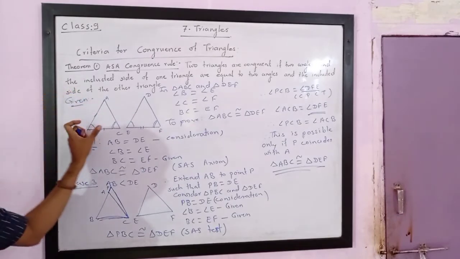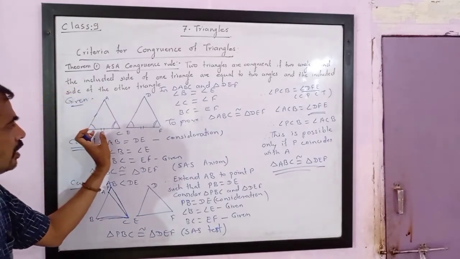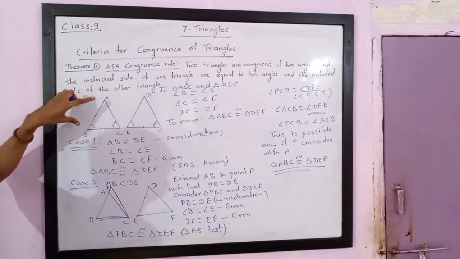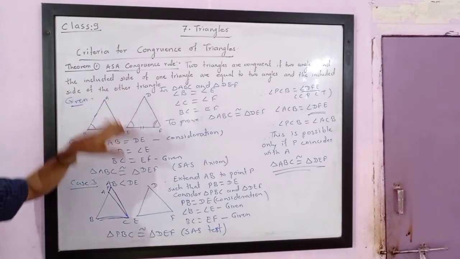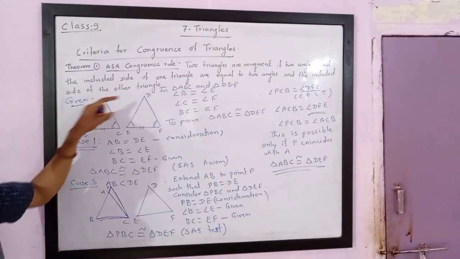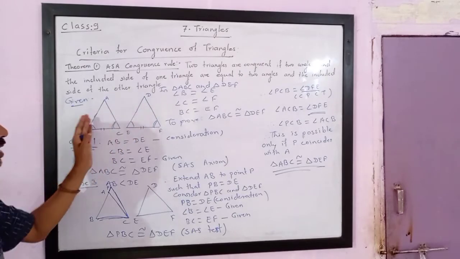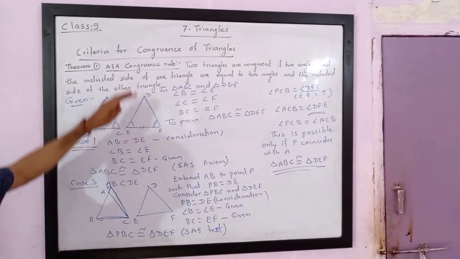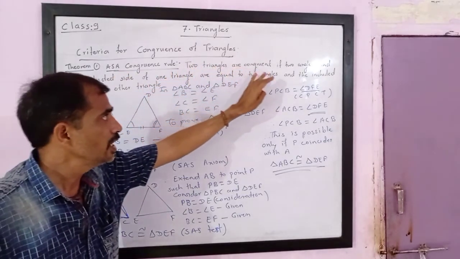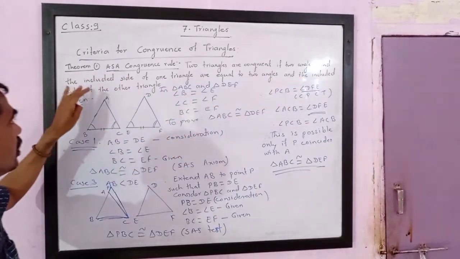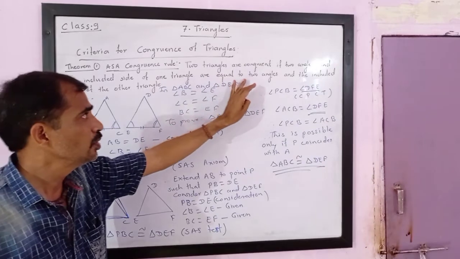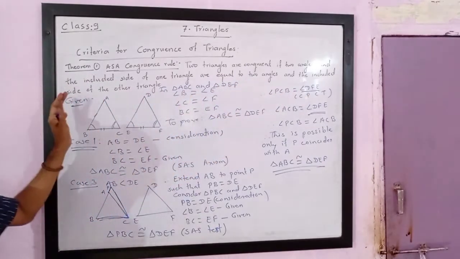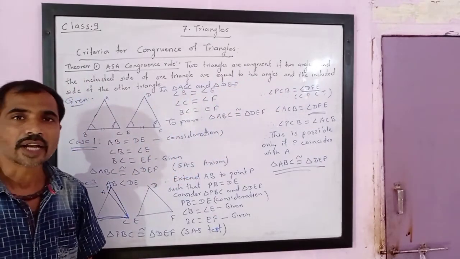Means if two angles are congruent and the included side is congruent, then the second side cannot be greater than or less than the corresponding side of the other triangle. It has to be equal, and hence the two triangles are congruent. Hence we get two triangles are congruent if two angles and the included side of one triangle are equal to the two angles and included side of the other triangle.